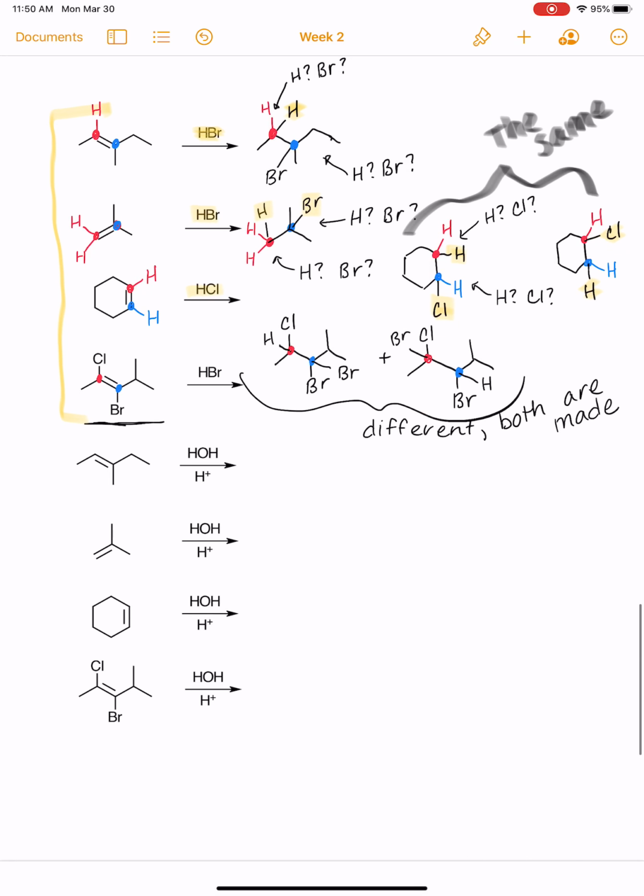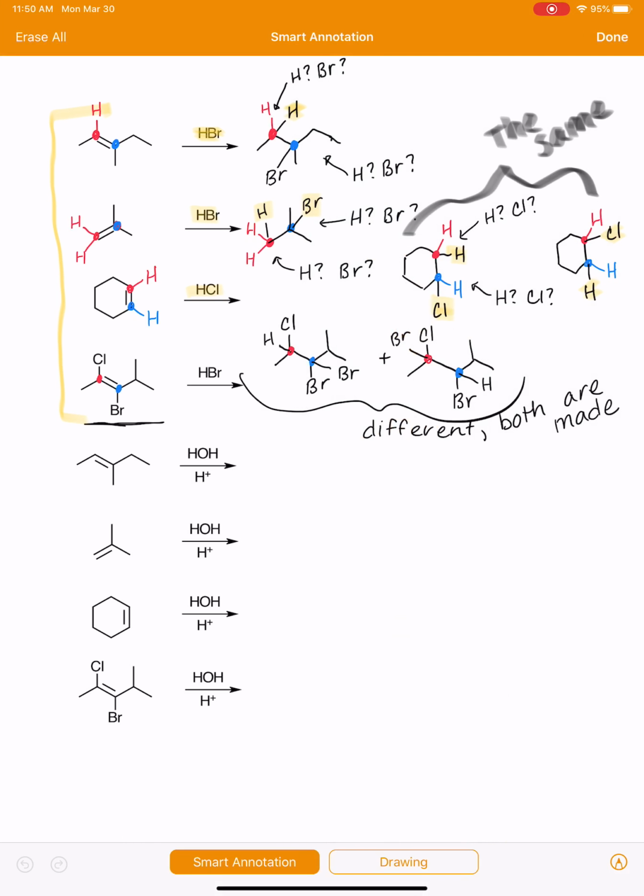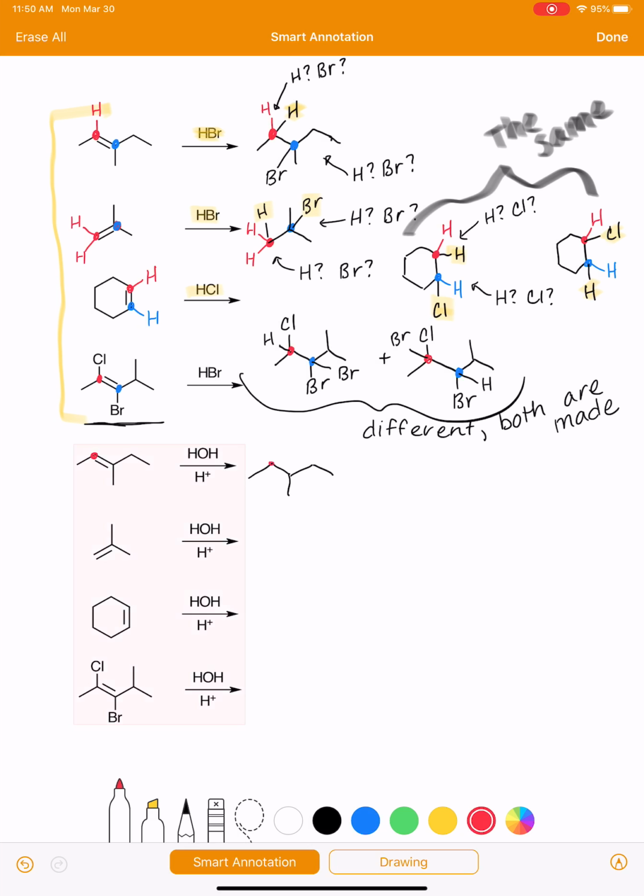So these last 4 problems, we're going to finish off this worksheet. We are going to start by redrawing the alkene without the carbon-carbon double bond. Find your alkene carbons. We're going to highlight them. And then look at the alkene and figure out how many hydrogens were already on those carbons.